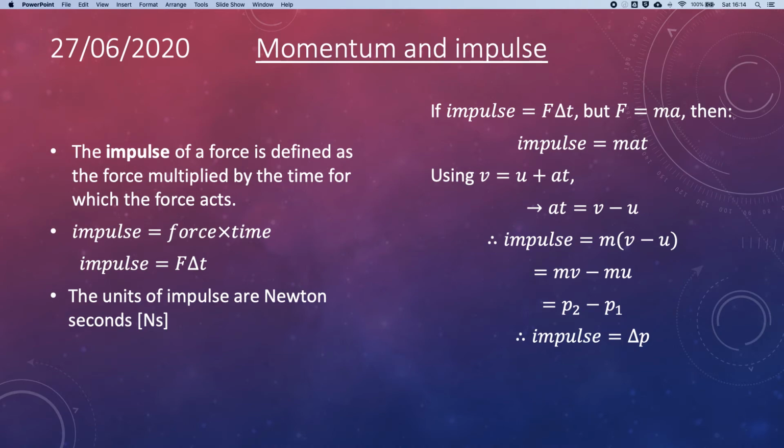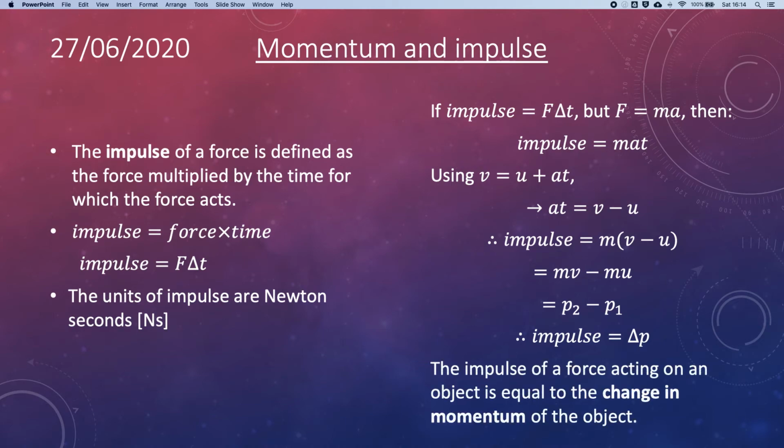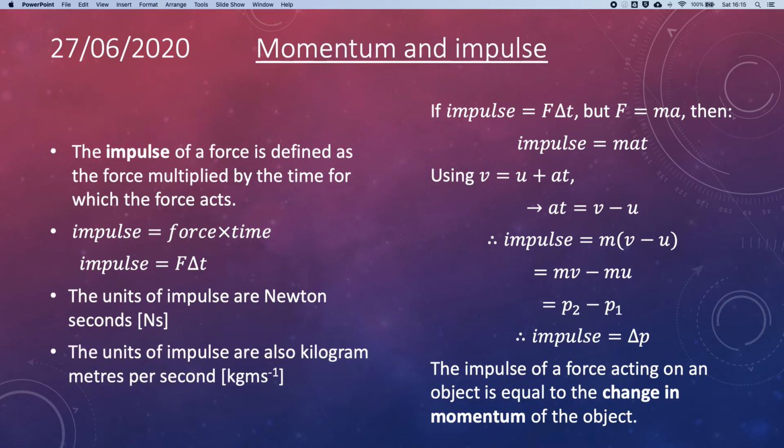There's two things that are important here, and those are our two formulas, two definitions. One, the impulse of a force acting on an object is equal to the change in momentum. That's an important thing. Units of change in momentum could be kilogram meters per second. So we've got two alternatives for units of impulse, Newton seconds or kilogram meters per second.